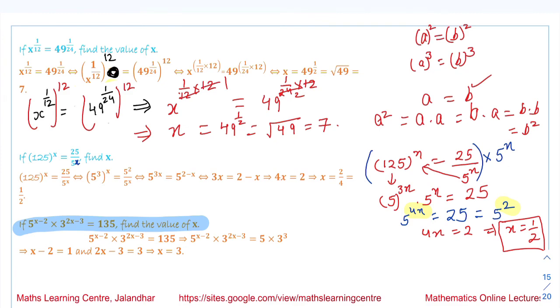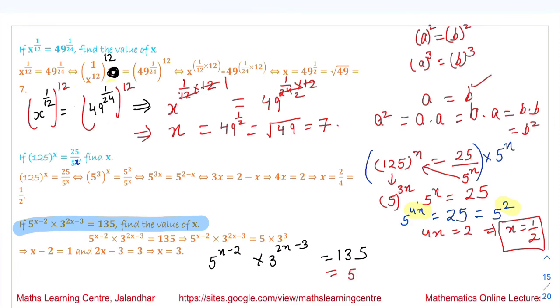Similarly, in the next question, we have 5 raised to the power x minus 2 into 3 raised to the power 2x minus 3 is 135, and we have to find the value of x. So to solve this question, we try to write 135 in the powers of 5 and 3.